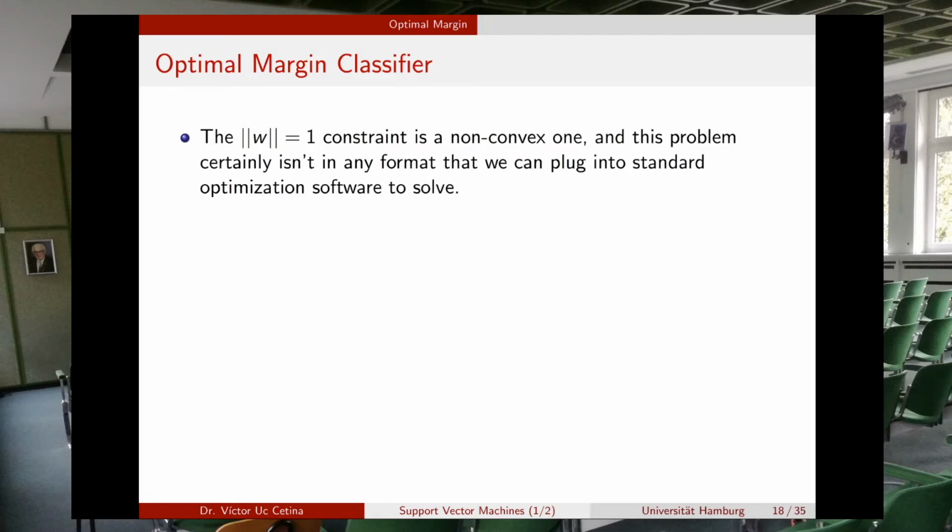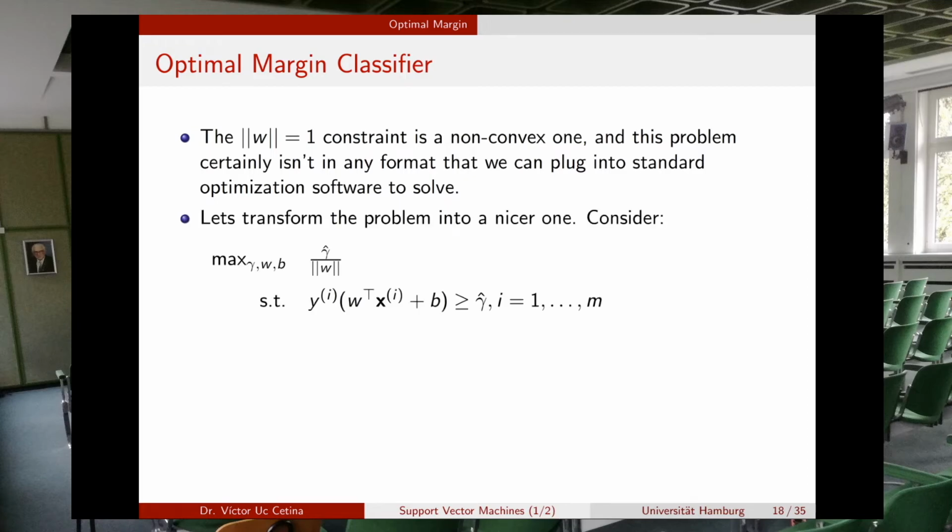So that's one way to visually analyze if a function is convex or not. In this case, the norm constraint is non-convex, and this is a problem because if we solve this optimization problem, we cannot be sure that the maximum, or the minimum, is going to be the global one.